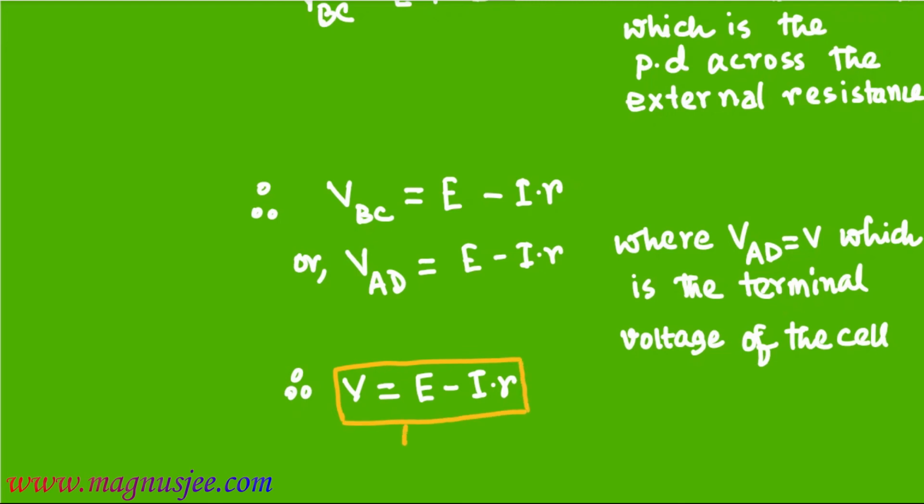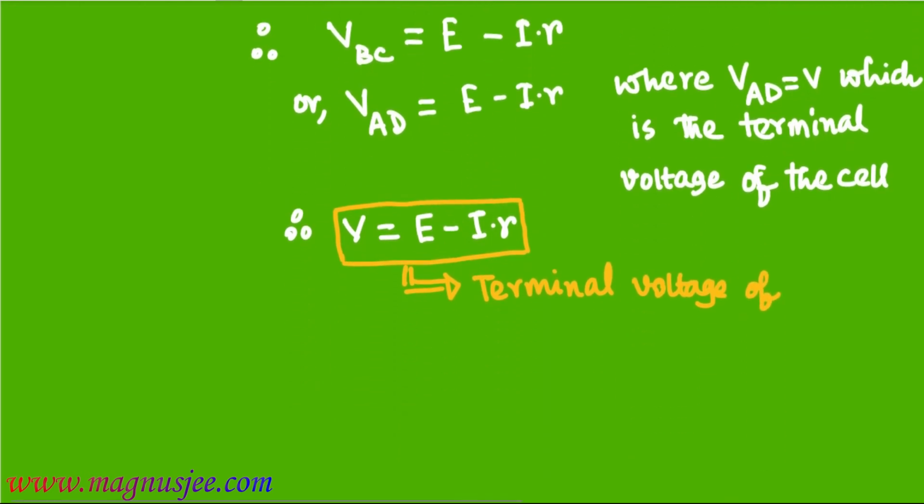Hence, it is proved that terminal voltage is equal to the difference of EMF and lost voltage. V equal E minus I dot r is the terminal voltage of an electric cell.